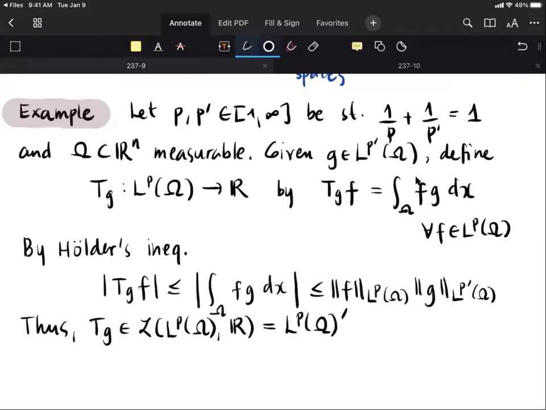And the norm of T sub g in the dual space of L^p is less than or equal to the L^p prime norm of your given function g.